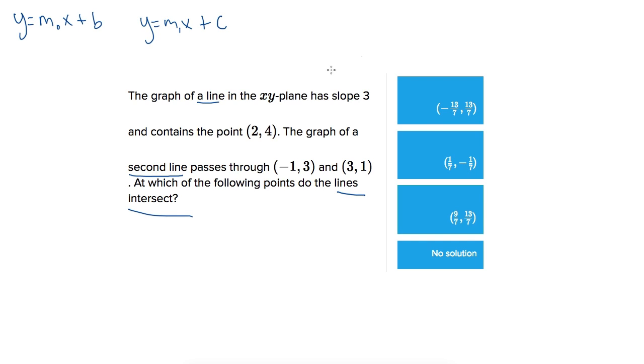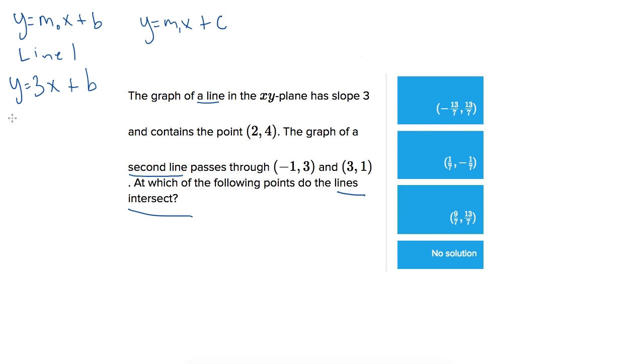We know that the first line has a slope of 3. So we can start off with line 1 as y equals 3x plus b, and now we can solve for this intercept b by plugging in our point (2, 4) for x and y, because we know it goes through that point. I mixed up my x and my y there, so make sure you don't do that.